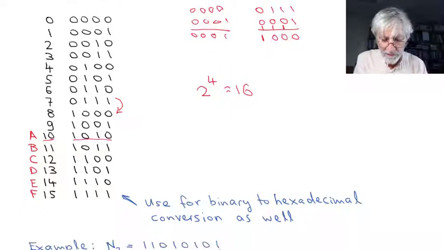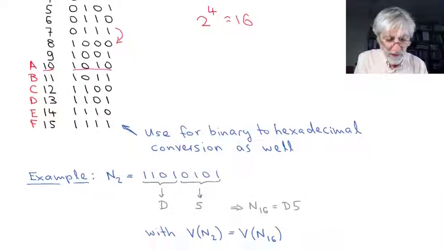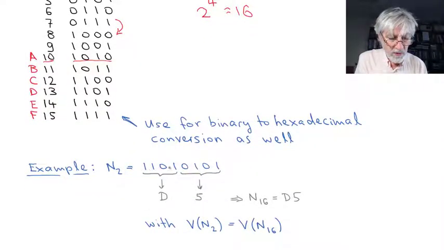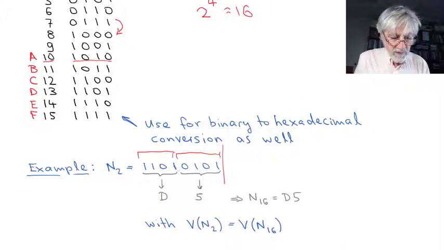And for example, if we take our binary string 11010101 again, we now would partition it into pieces of 4 bits. We start at the right end and then go to the left and partition it into segments of 4 bits. And so now we have 0101.